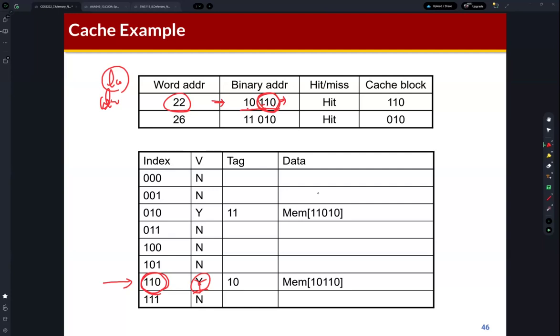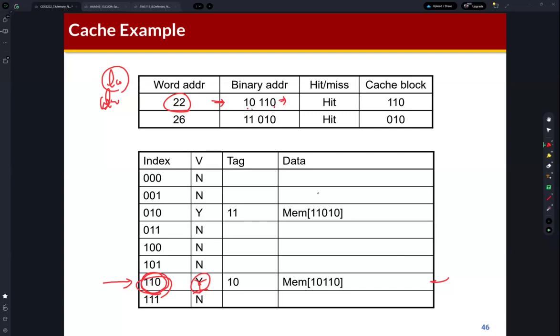Because the lower 3 bits are used as the index, we don't need to compare the entire address, obviously, right? It's the same 110, and this cache entry has stored data whose lower address bits are 110. So we don't need to compare this one, right? Already 110 is the same.